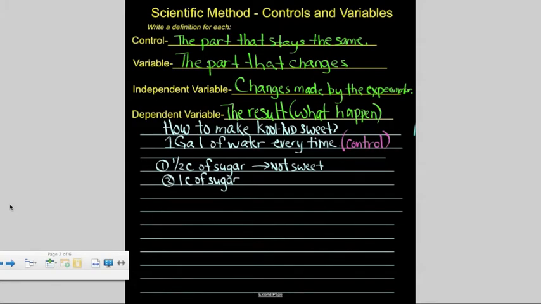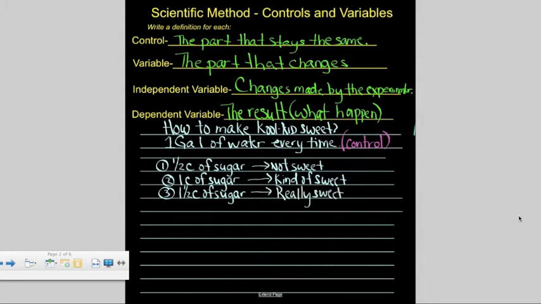And then I'm going to taste it and I'll see that it's kind of sweet. And then the third time, I'll use 1.5 cups of sugar, and I'll check it and taste it, and I'll see it's really sweet.